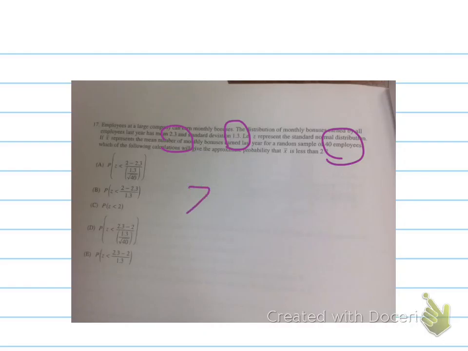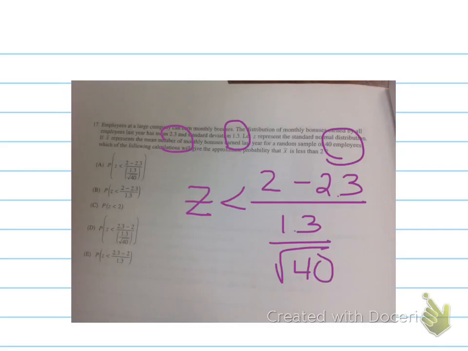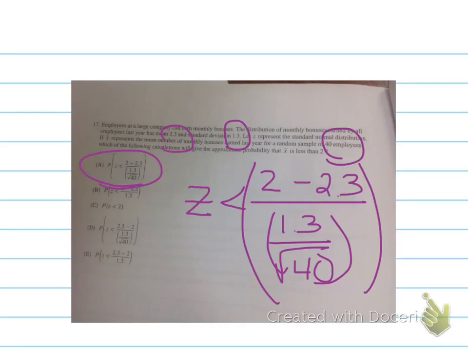We would just do Z less than our observation, 2, minus our mean, divided by our standard deviation, which needs to be divided by the square root of 40. As a result, our answer is A.